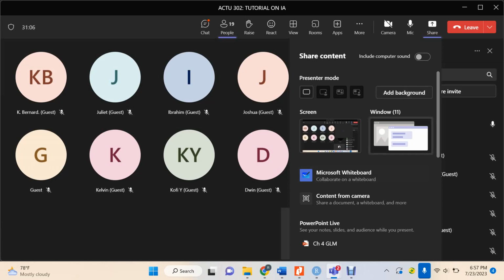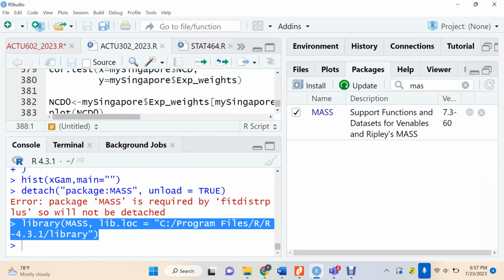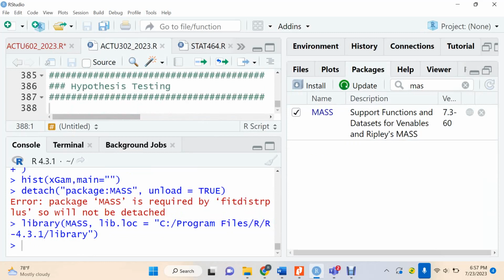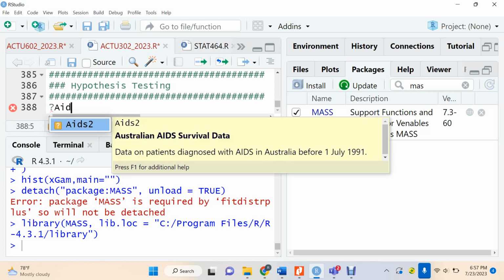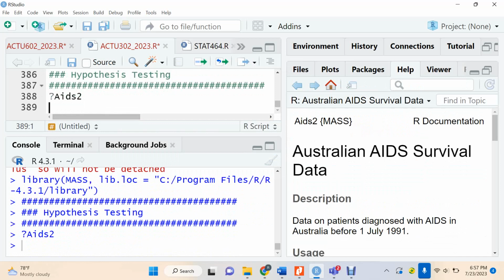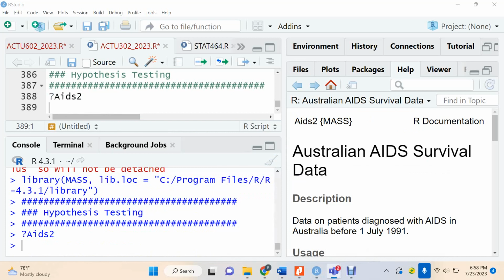Okay, so this is what I mean. When you come here, you do help on AIDS. When you do this help, it tells you that this is the Australian data, so and so.